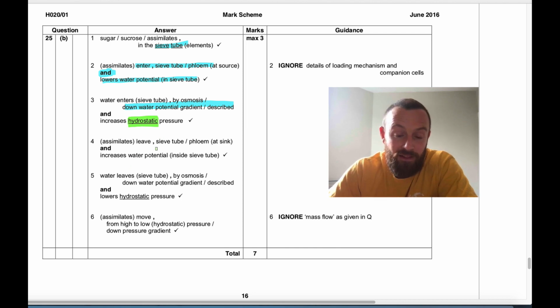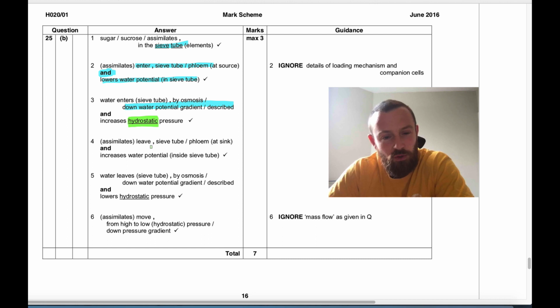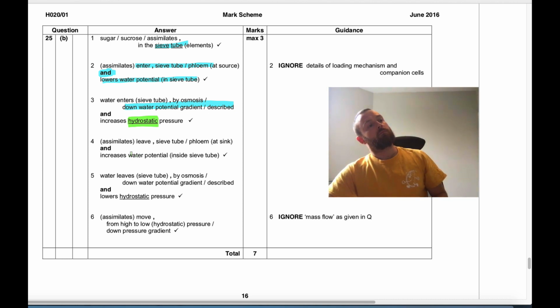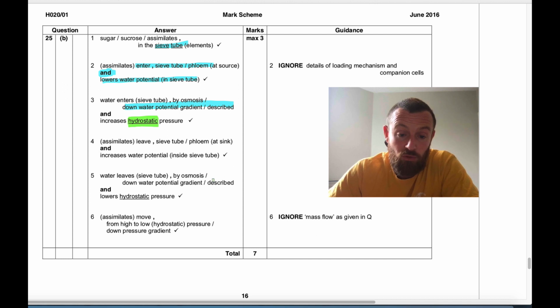And then at the sink, we have the assimilates or the sucrose leaving the sieve tube, active removal, and when we remove, that increases the water potential inside the tube, which causes water to leave the tube via osmosis down the water potential gradient. Okay, this lowers the hydrostatic pressure.